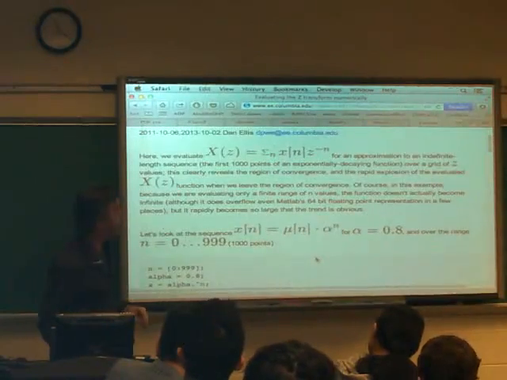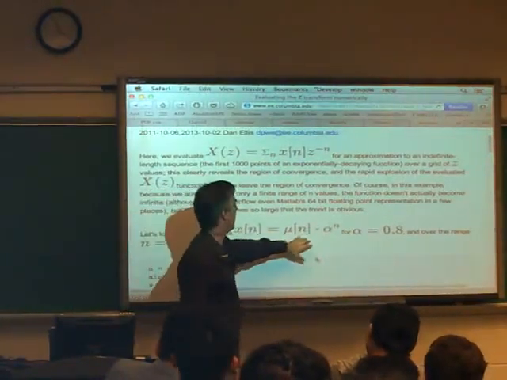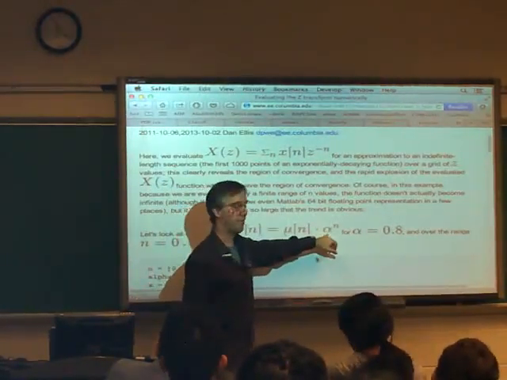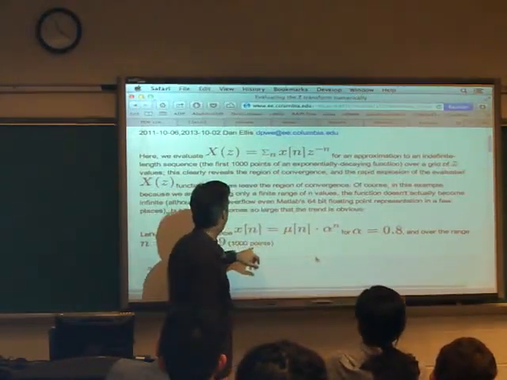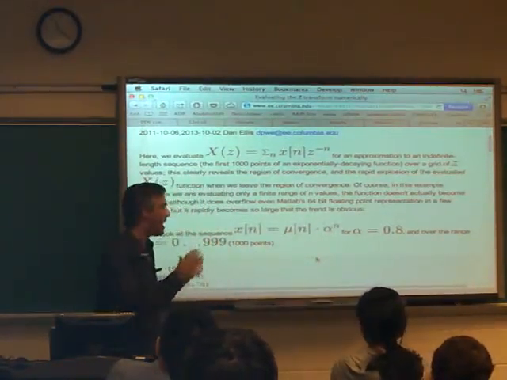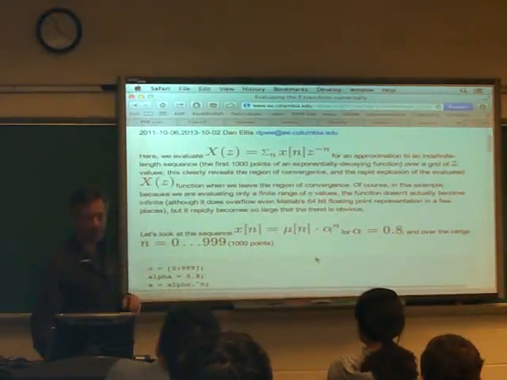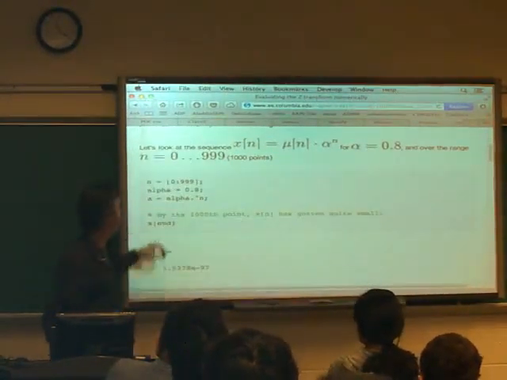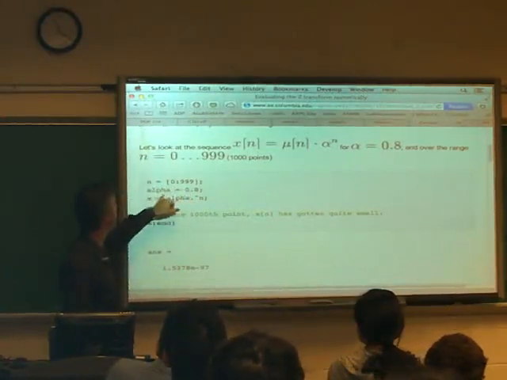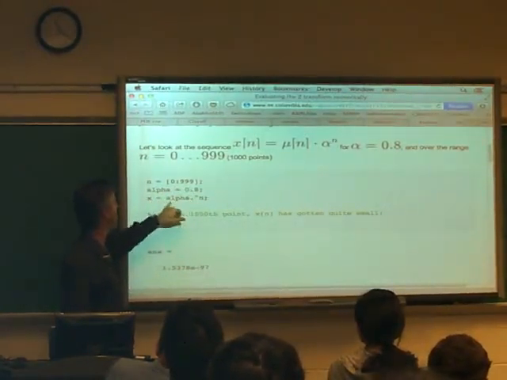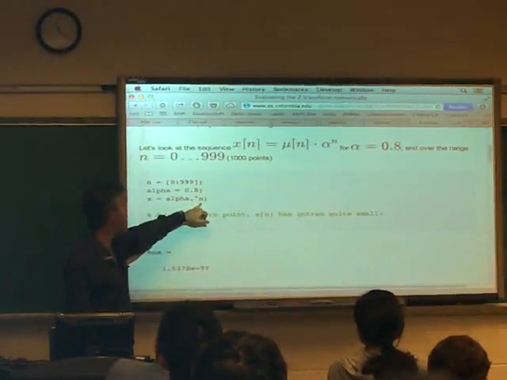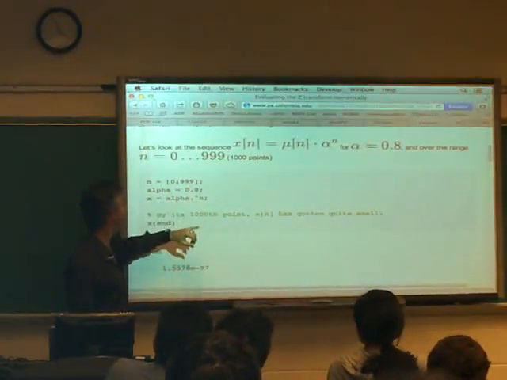And what I'm going to do is think about a sequence like this, mu of n times alpha to the n. But I'm only going to calculate it for 1,000 points, right? So in theory, it goes on forever, but I calculate it for 1,000 points. So here's n equals 0 to 999, alpha equals 0.8, x equals alpha to the n, right? So it's alpha to the n for n up to 999.